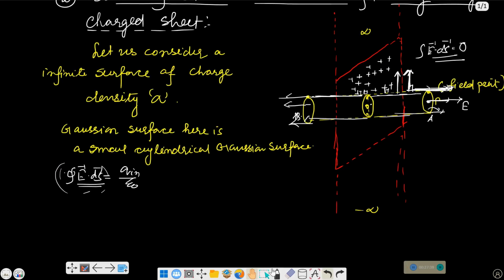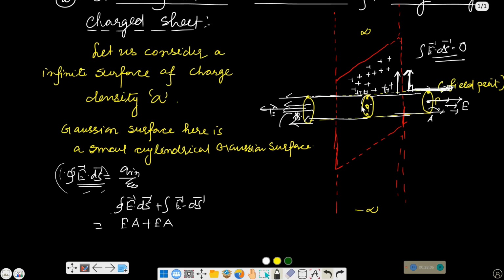Now for the other two surfaces, the electric flux we can write as E dot ds plus E dot ds. They are parallel: the electric field is in this direction, the area vector is along this direction. So we can write EA plus EA because the area of cross section is A.